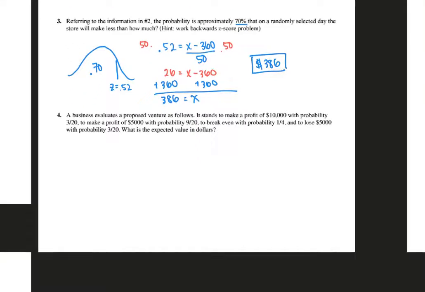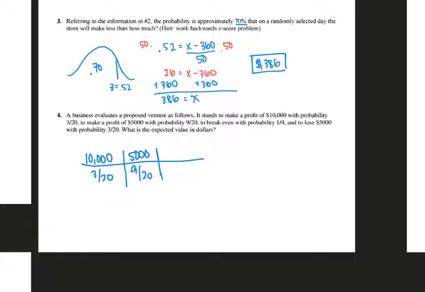All right, number 4. So this is an expected value problem. It says a business evaluates a proposed venture. It stands to make a profit of $10,000 with a probability of 3 over 20, a profit of 5,000 with a probability of 9 over 20.